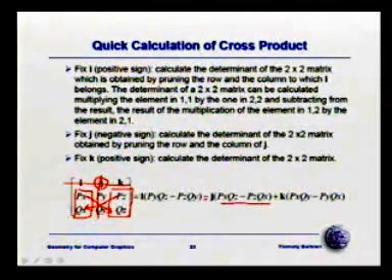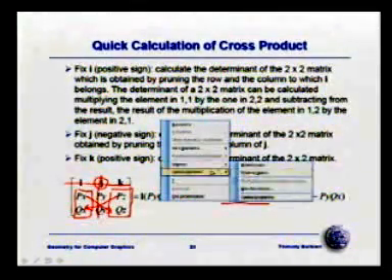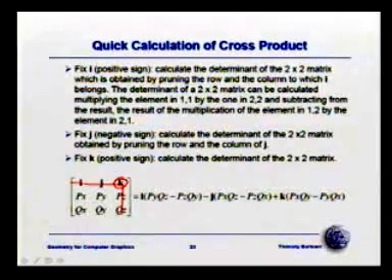Then the third step: I focus on k, pruning out the first row and the last column. I calculate the determinant over this. k is positive, so it's plus k, PxQy minus PyQx.